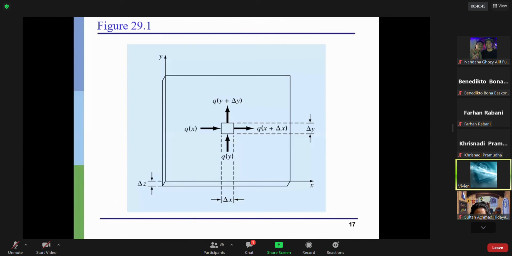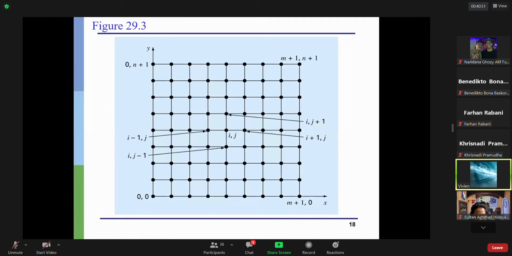So we will solve this using finite difference. If we have a plate, we will discretize it into nodes. We have the grid, or we give nodes for the points here.